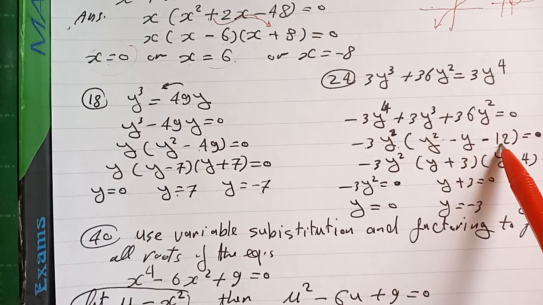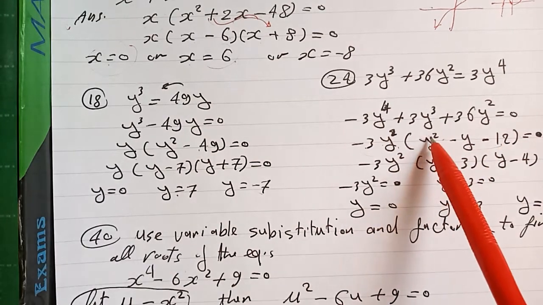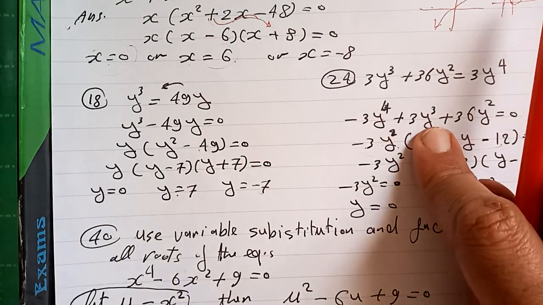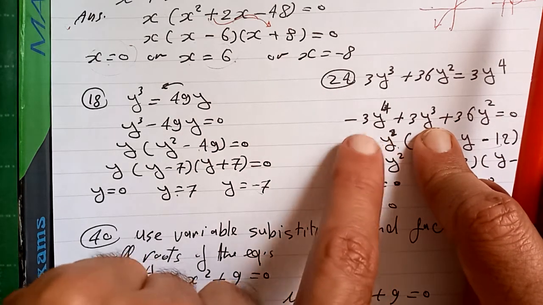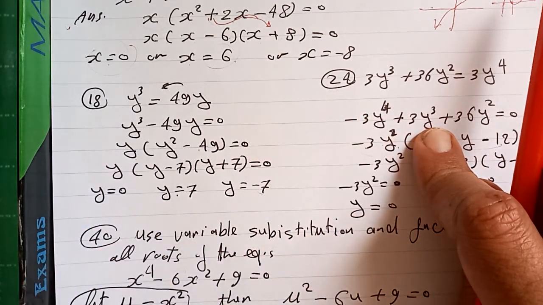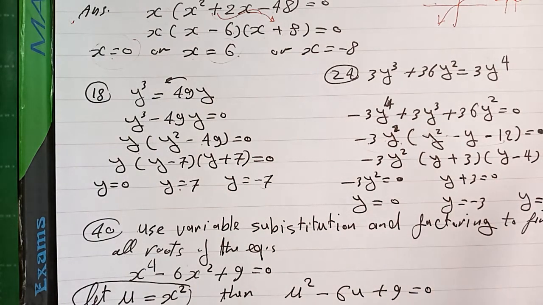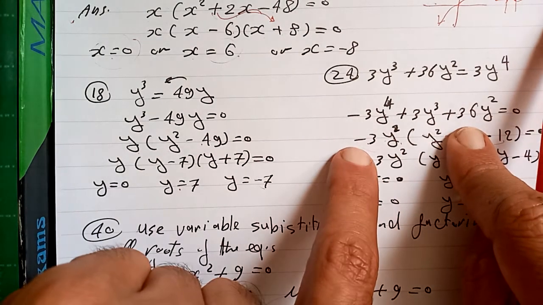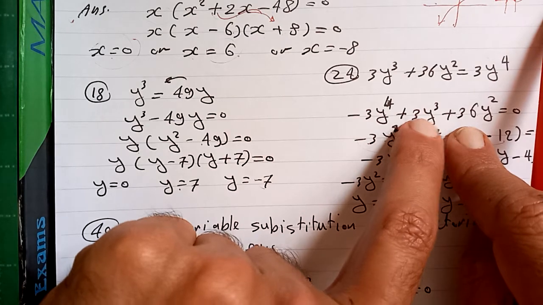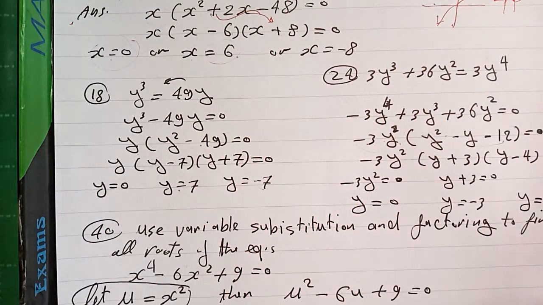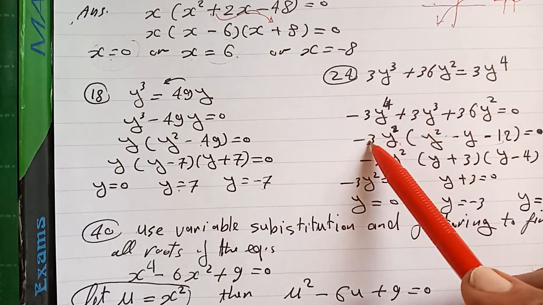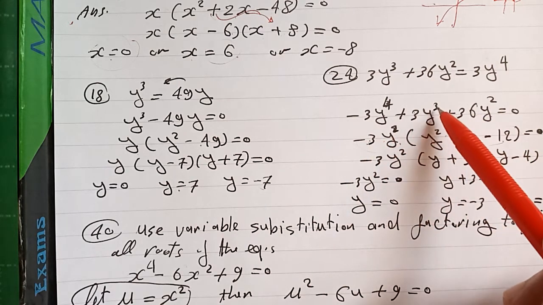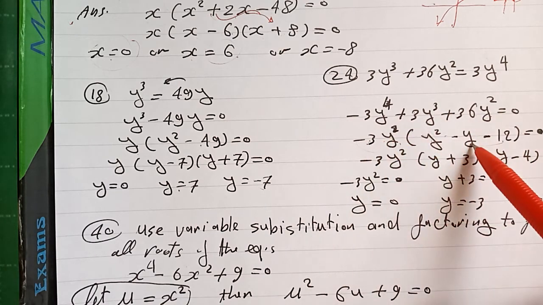How did I get this? Remember, what is multiplied by negative 3y squared to equal negative 3y power 4? It's y squared. What is multiplied by negative 3y squared to equal 3y cubed? Negative y, because 3 divided by negative 3 equals negative 1, and y cubed divided by y squared equals y.